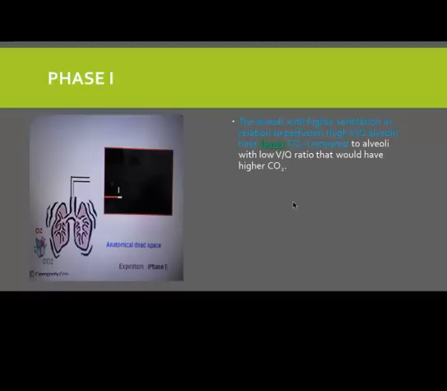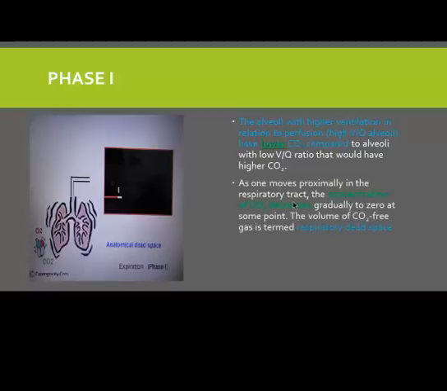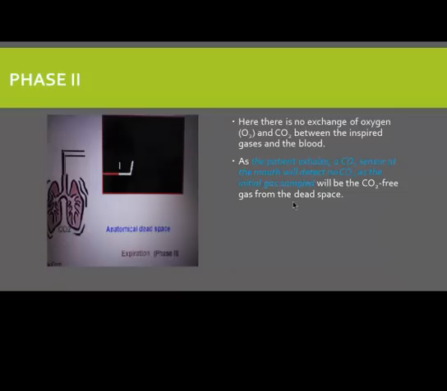Then alveoli with higher ventilation in relation to perfusion have lower CO2 compared to the alveoli with a low VQ ratio that would have higher CO2. As it moves, the concentration of CO2 decreases gradually to 0. Volume of CO2 free gas is termed your respiratory dead space.